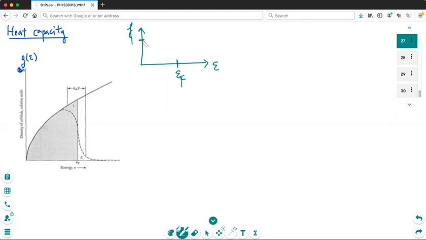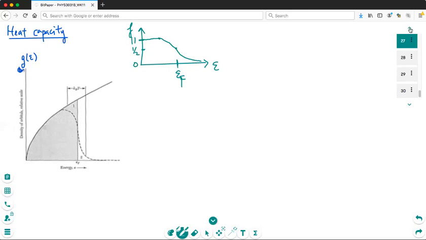I'm going to assume a temperature which is not too high compared with the Fermi energy, so I will have some kind of smearing. This is a half, 0.5. This is 1. This is 0. So I have to cross here. I want to draw it a little bit dramatic for you to appreciate this.